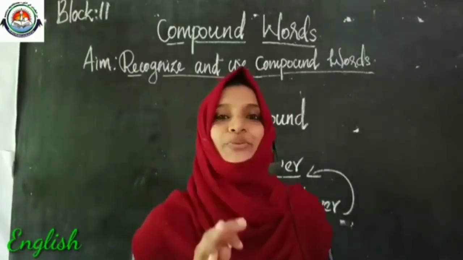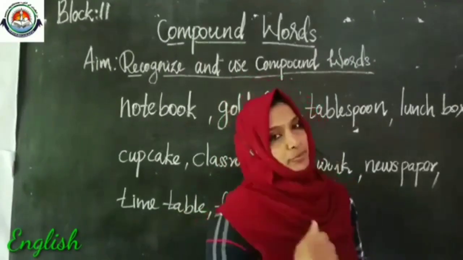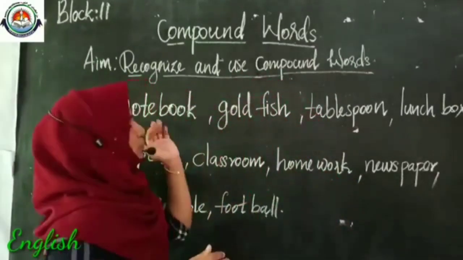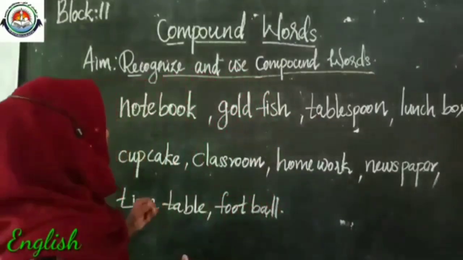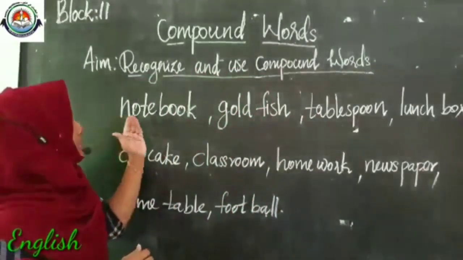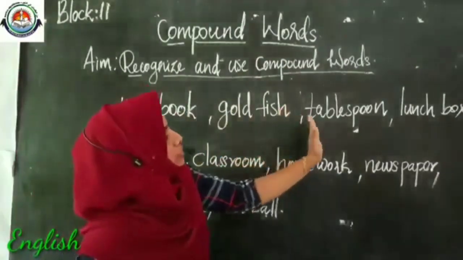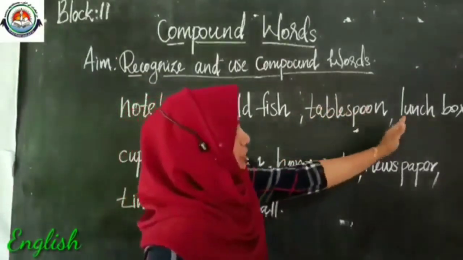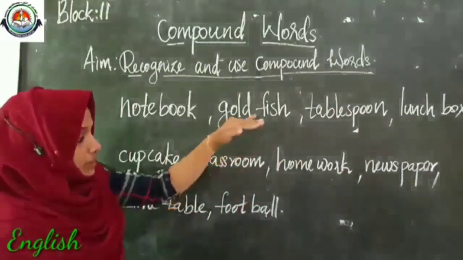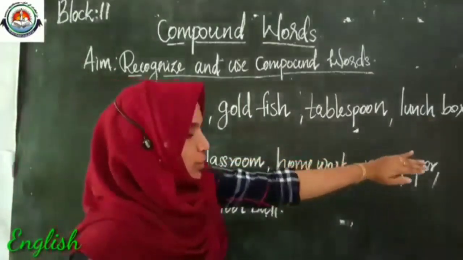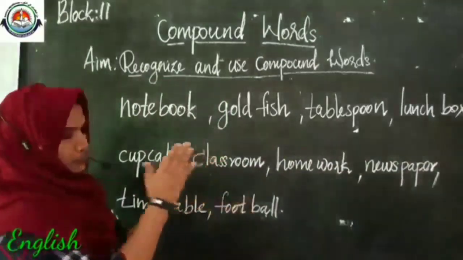So now let's read some words. See, here I have written some words. So I'll read these words and you will repeat these words after me. So let's start. Notebook, goldfish, tablespoon, lunchbox, cupcake, classroom, homework, newspaper, timetable, and food bowl.